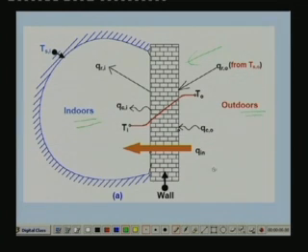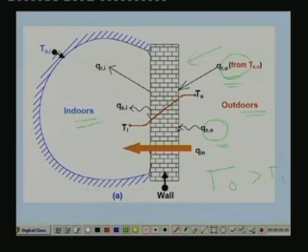Just for an example, let us assume that the outdoor temperature T0 is greater than indoor temperature Ti. And you have the outer surface of the wall, which is subjected to radiation heat transfer, and it is also subjected to convective heat transfer. So, heat transfer takes place from the outdoor to the outer surface of the wall by radiation and by convection. Then heat transfer through the wall takes place by conduction.